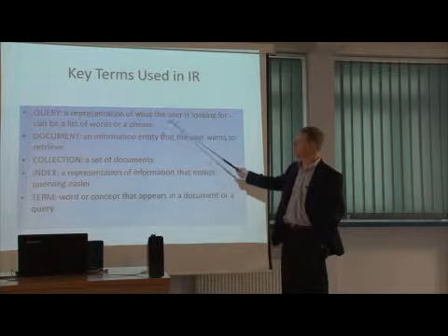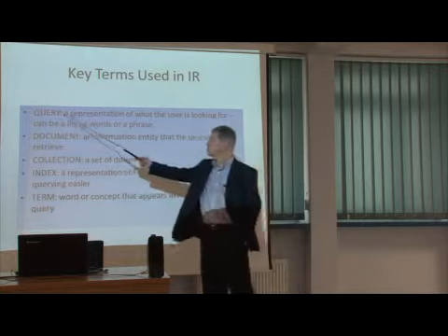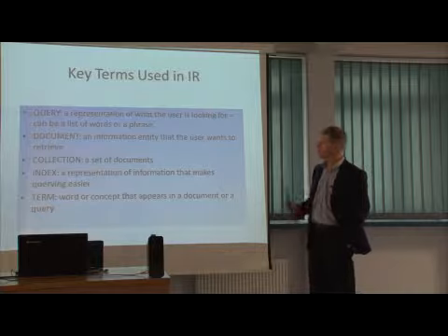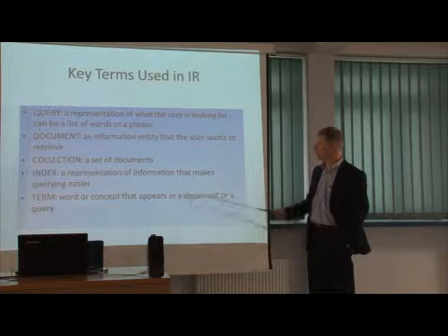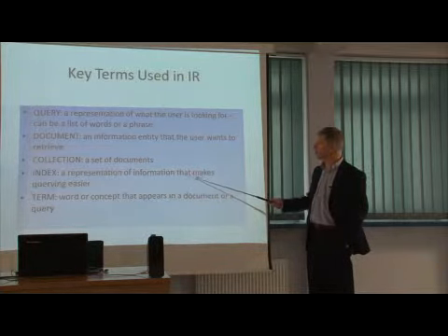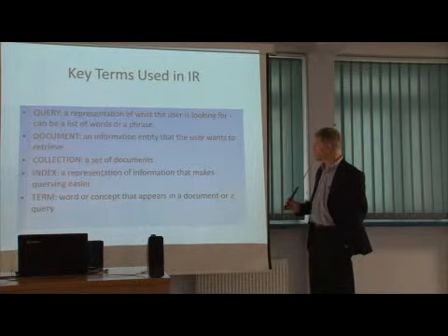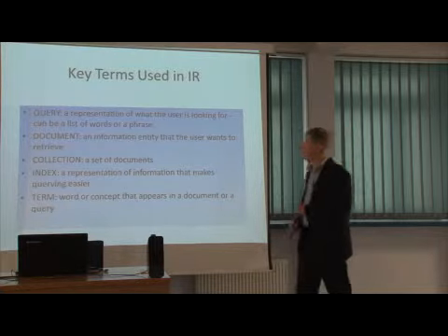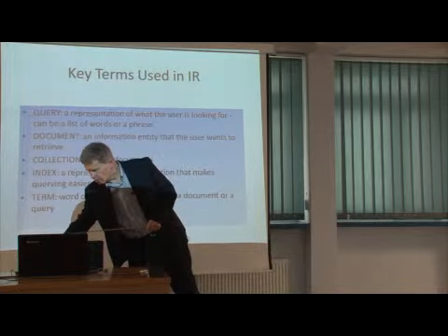From the point of view of how a search engine operates, a query can be viewed as a usually smaller document. Collection is a set of documents. Sometimes you use the word corpus. Index is a representation, and we're going to describe in a minute what goes into the index. Term is a word or concept that appears in a document or a query. So these are the key terms, just for the sake of establishing the vocabulary.